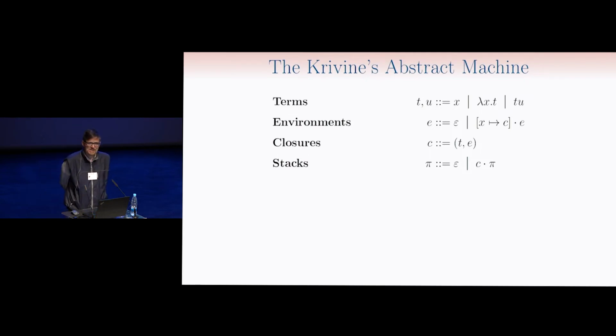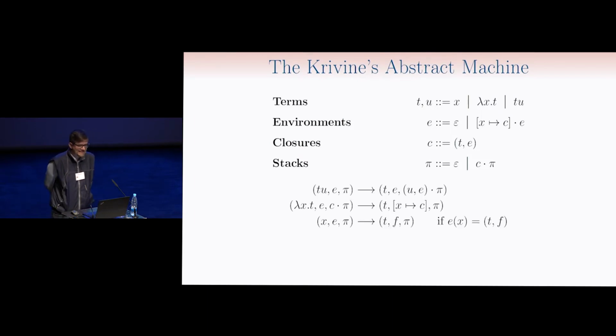And compared to the machines we saw in the previous talk by Thomas, it is extremely simple in the sense that it has just 3 rules. Configurations are triples of a term, an environment, and a stack. And you just need 1 rule for each operator in the lambda calculus, 1 for applications, 1 for abstraction, and 1 for variables.